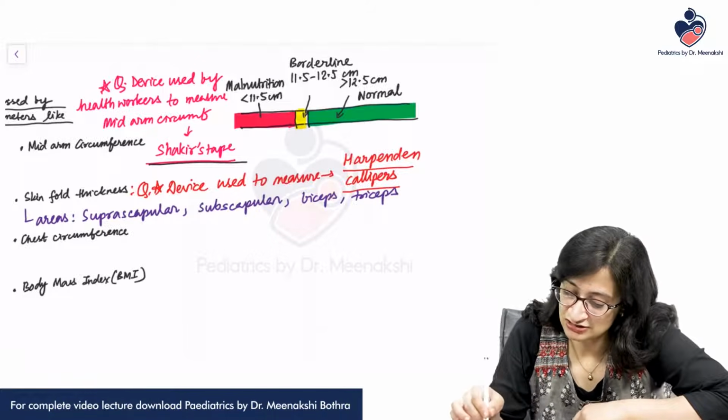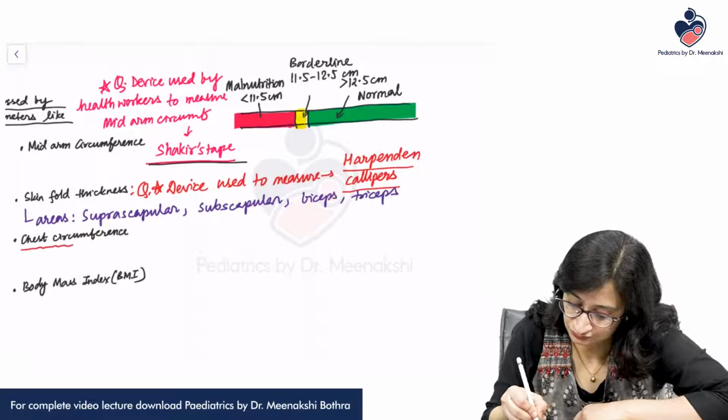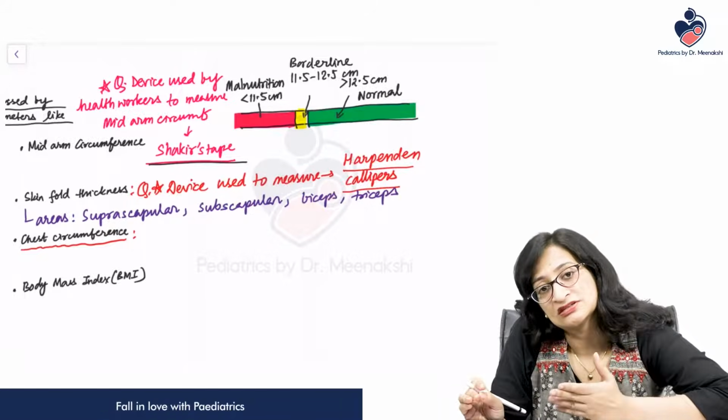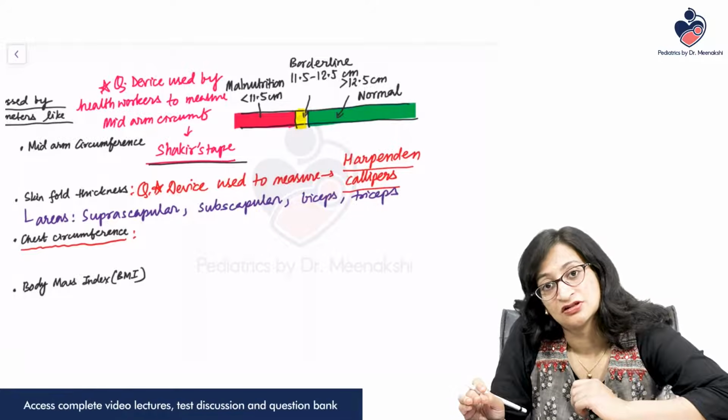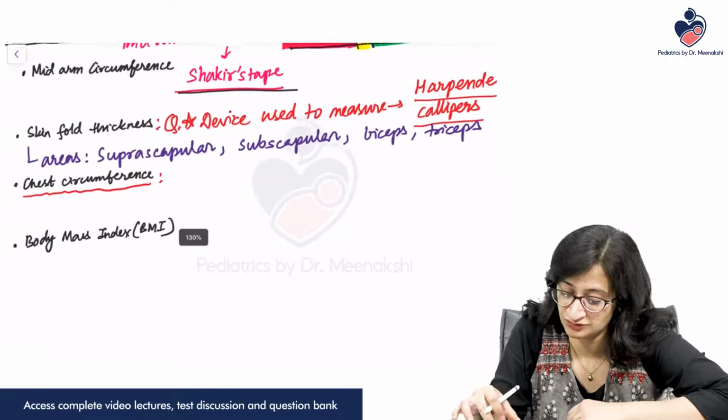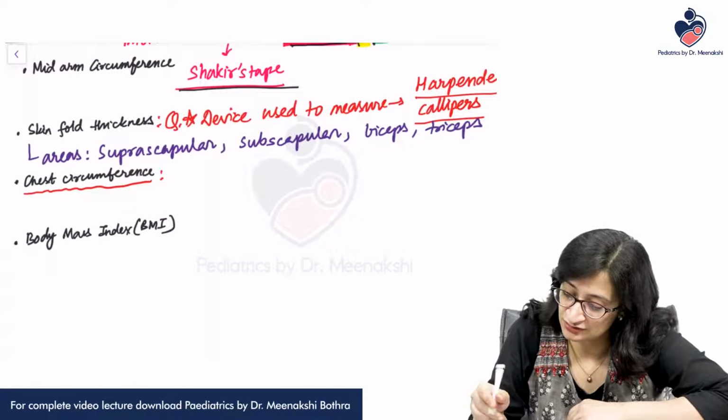Now regarding the chest circumference. At birth, do you know what is more, the head circumference or the chest circumference? The head circumference is more than the chest circumference at birth.